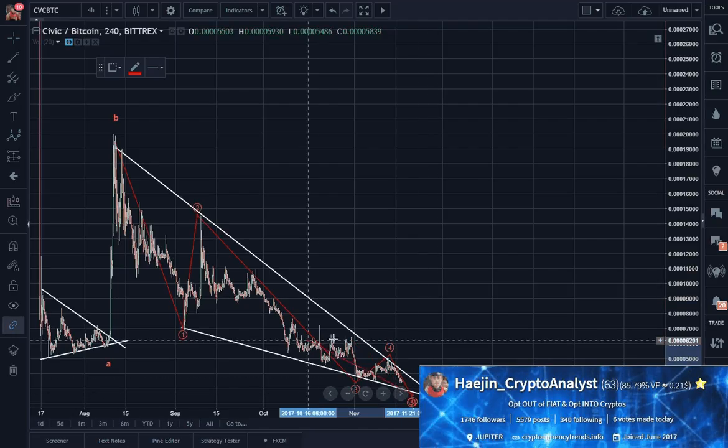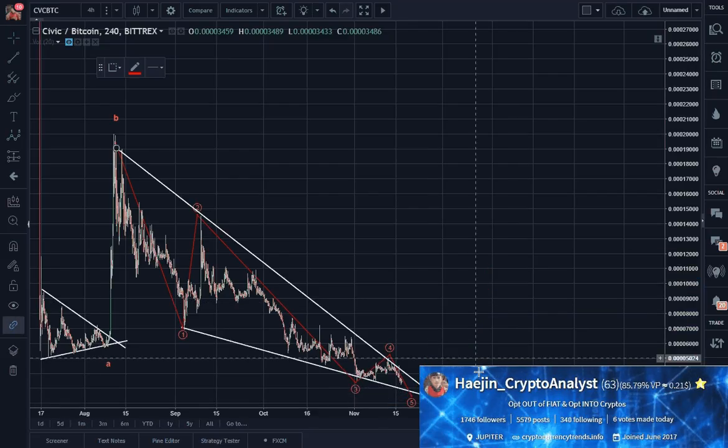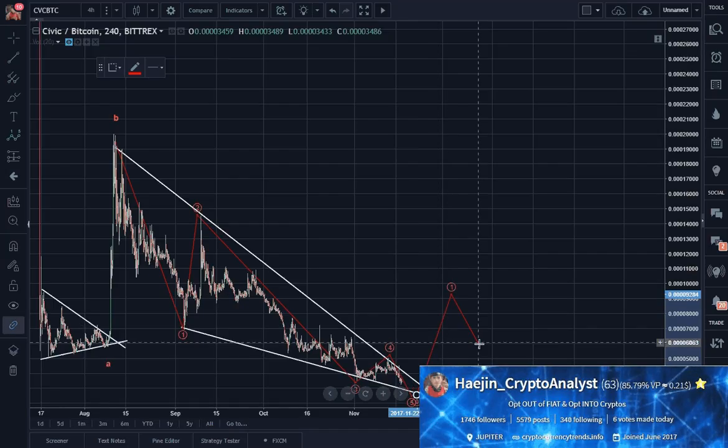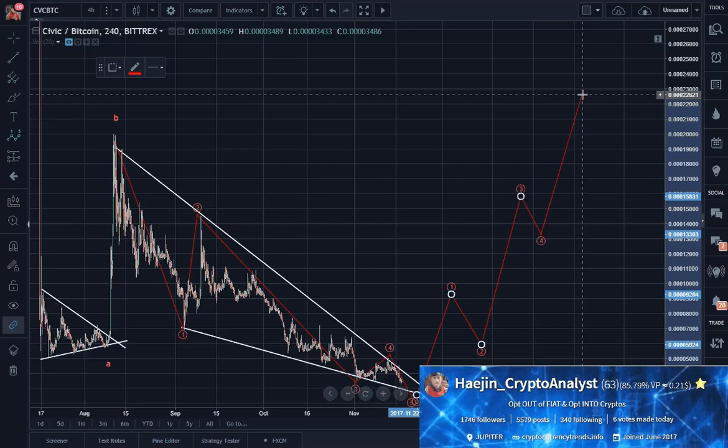Now I'm eyeballing my resistances. One will probably come here, come down, 3. Sorry, one more time. Missed that one. 1, 2, 3, 4, 5.